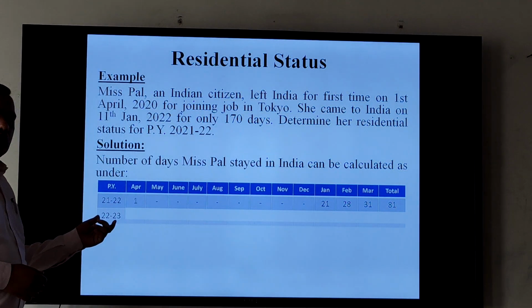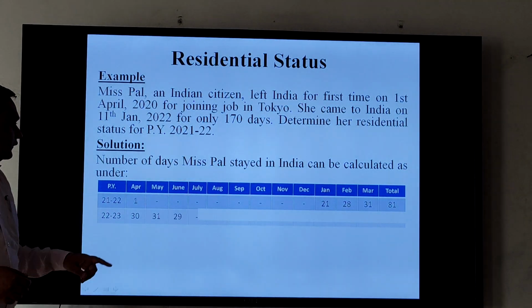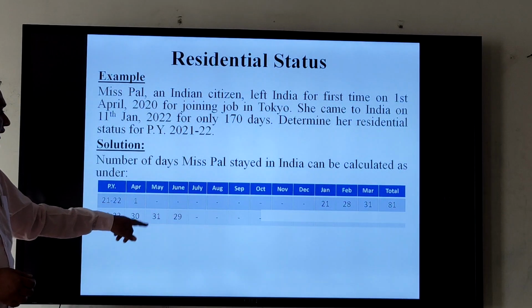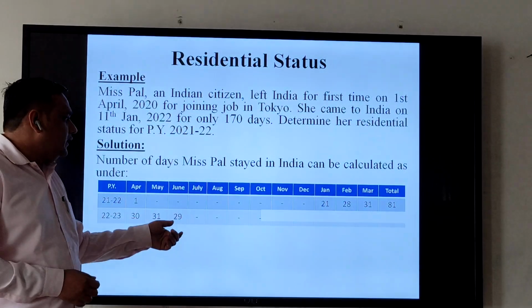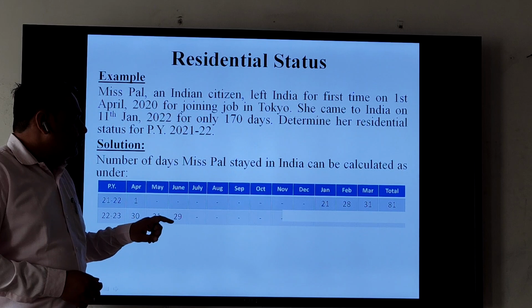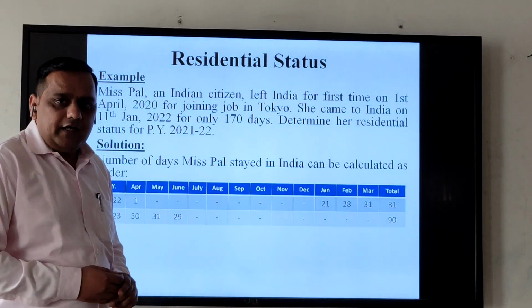Then we need to count the days for previous year 22-23 also. In April, May and June, she was in India for 30 days, 31 days and 29 days. Then she went back. So in the previous year 22-23, she was in India for 90 days.